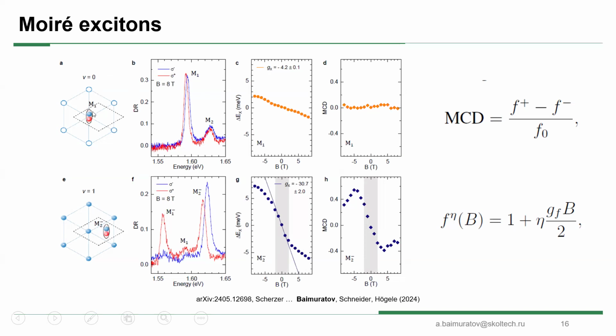First we look at M1, and for M1 we measured a G factor of -4. It's very similar to the monolayer, so this localization does not change anything substantially.